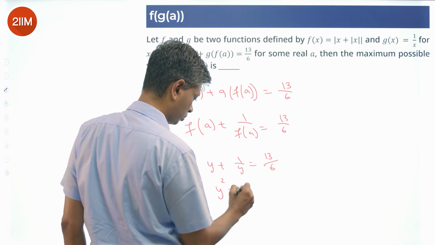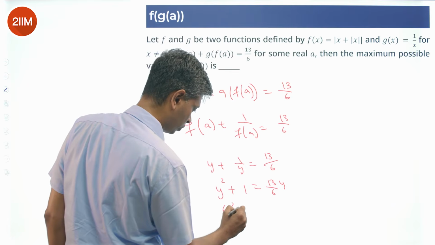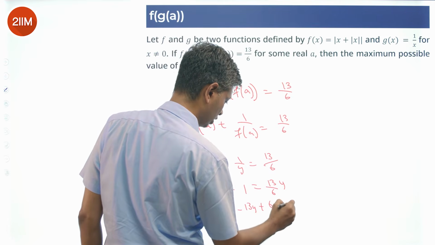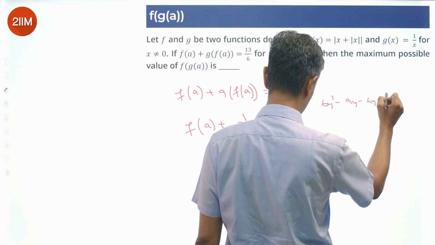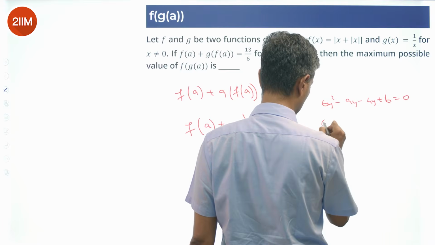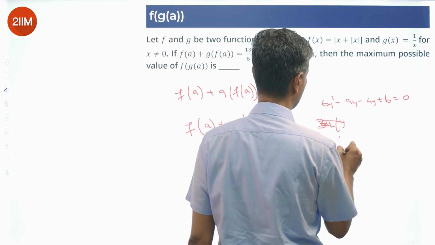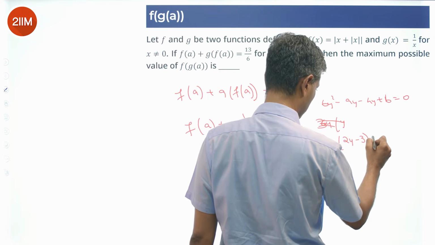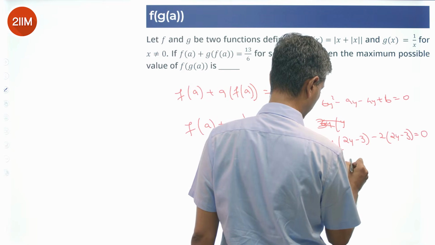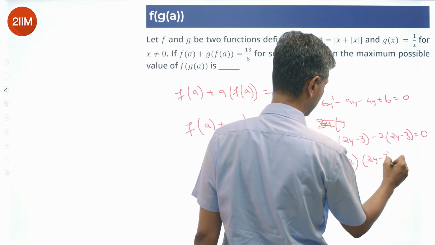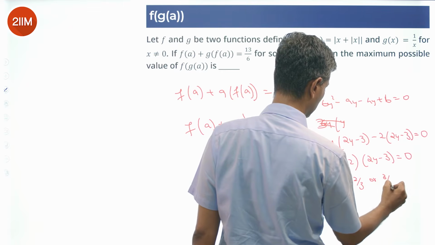Y square plus 1 is 13 by 6 times y. 6y square minus 13y plus 6 equal to 0. 6y square minus 9y minus 4y plus 6 is equal to 0. 3y into 2y minus 3 minus 2 into 2y minus 3 is equal to 0. 3y minus 2 into 2y minus 3 is 0, or y is 2 by 3 or 3 by 2.